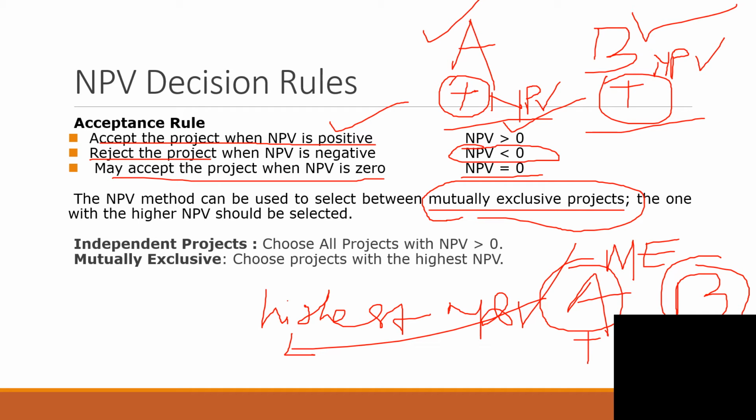But in case of mutually exclusive projects, if you undertake project A, you won't be able to undertake project B. Because of that, you shall accept only that project which has the highest NPV. Choose the project with the highest NPV.